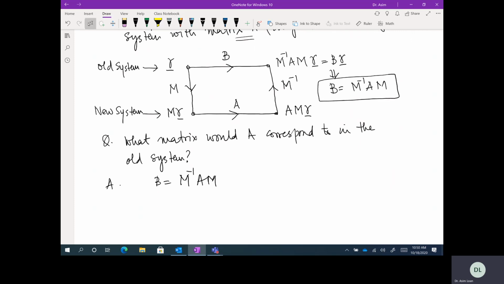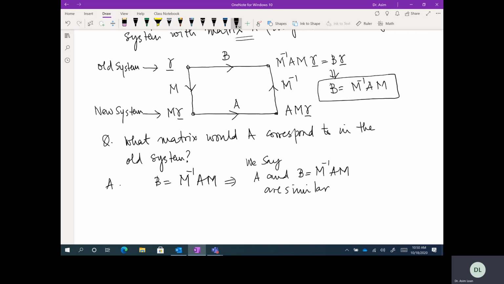And we say A and B, which is equal to M inverse A M, are similar.